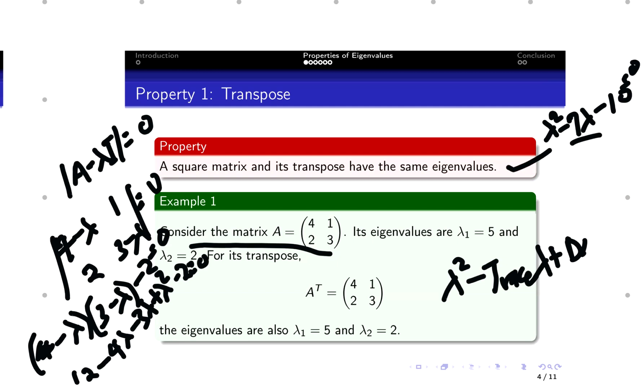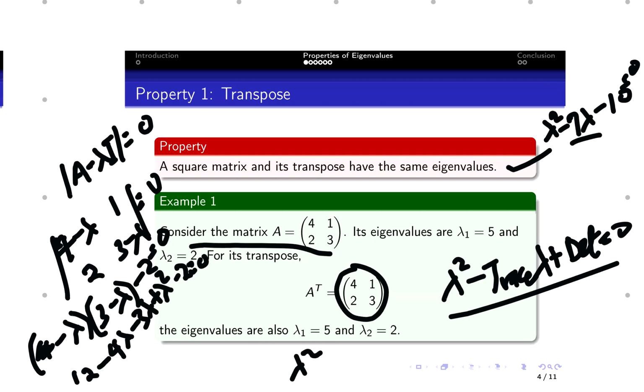So that's the interesting thing you see here. If you write the characteristic polynomial of the transpose too, you have lambda squared, the trace is 4 plus 3 also, which is 7 lambda, and the determinant is 4 times 3, 12, minus 2, which is 10. So you have plus 10, and that equals 0.